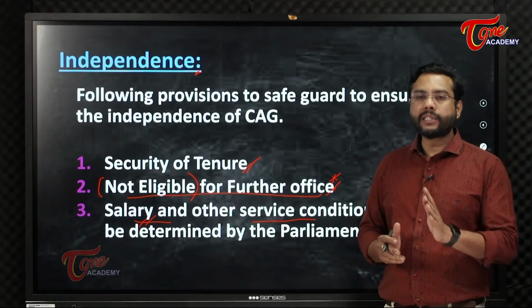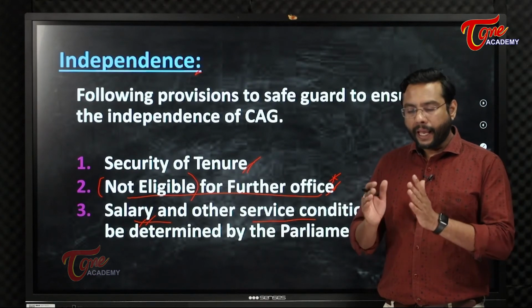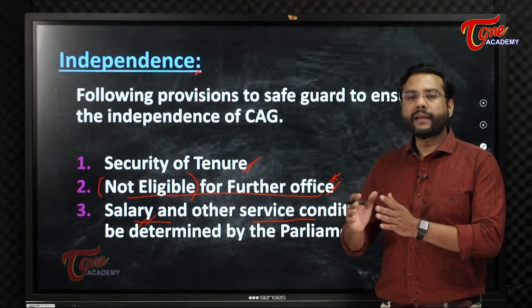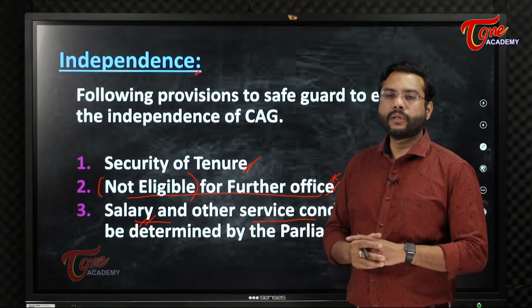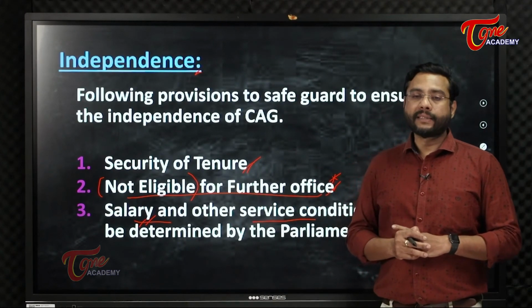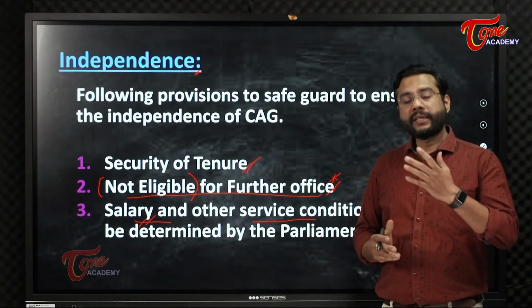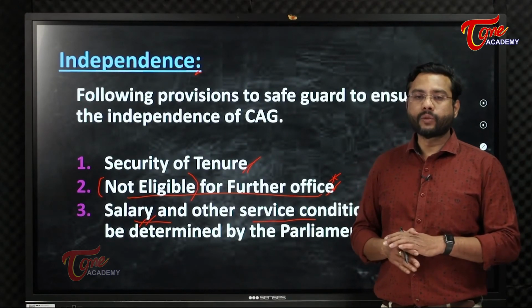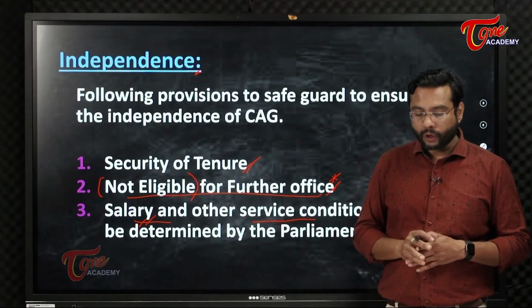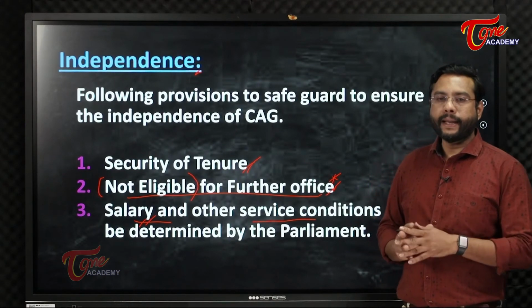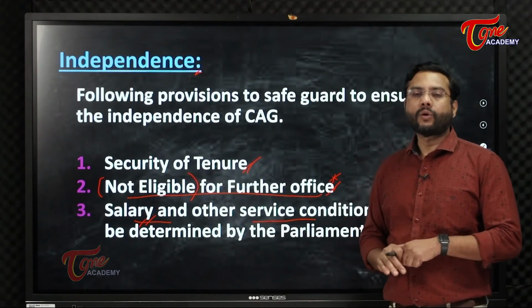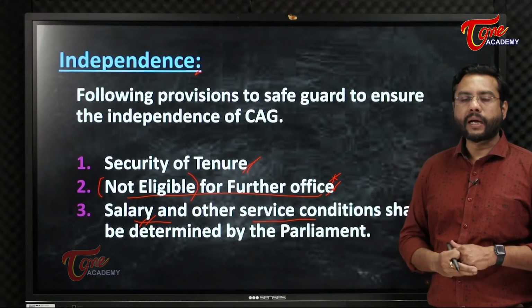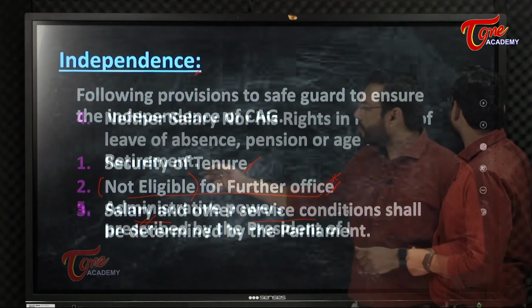Every month the salaries should be given to such dignitaries without any discussion on that. There might be financial emergencies also, but their salaries will not be stopped at any point of time.